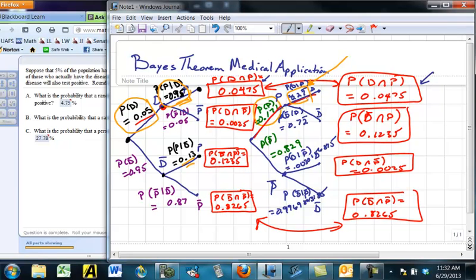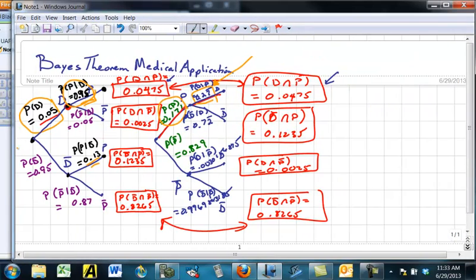So, there's a difference in those two conditional probabilities, but they're related to each other by looking at these two trees. And this is the essential idea behind Bayes' theorem and the Bayes' theorem type of reasoning.